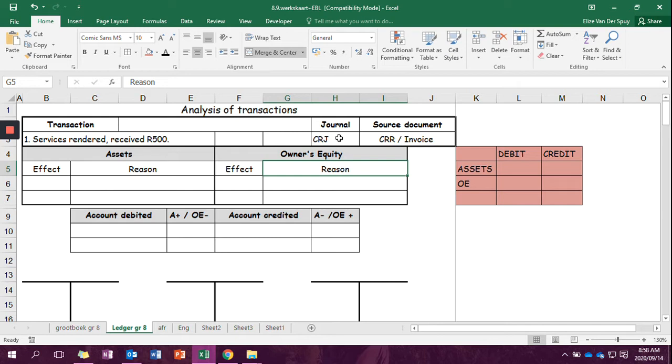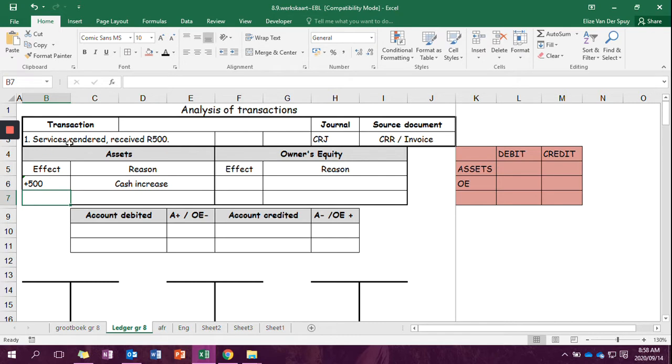Then in the first term, we did our accounting equation. So we know that because we received 500 Rand, our assets are going to increase with 500 Rand, and we are going to say that is cash increase. Then we ask ourselves, why did our cash increase?